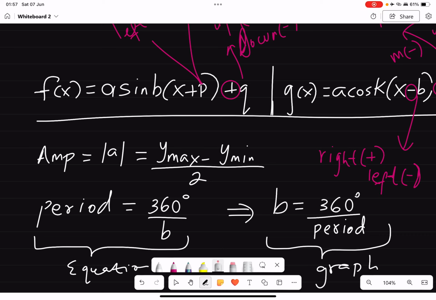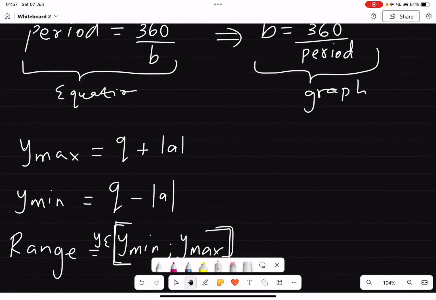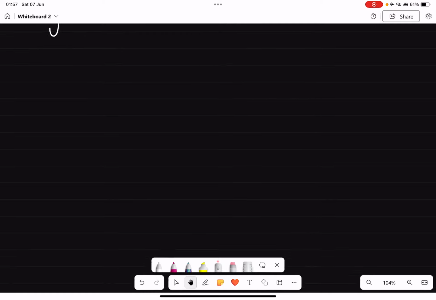But if A is 0 point something, we are compressing. And if B is 0 point something, we are stretching. If B is not 0 point something, for example, if B is 2, then we are compressing. So it's opposite. Vertical stretch and horizontal stretch are opposite. Right, so we're going to talk about that now.